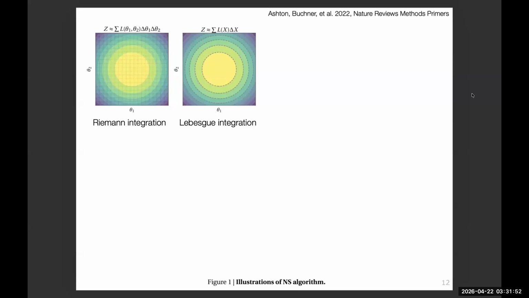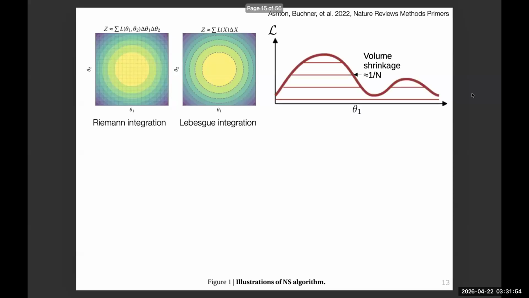And that's Lebesgue integration. So our goal is we have our likelihood, we have our prior space. We try to find different levels, and we have to know how much smaller the next level is compared to the previous layer, and then we can do this integration.